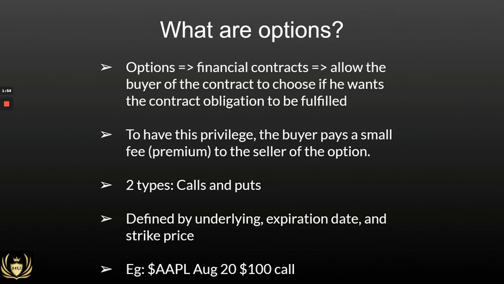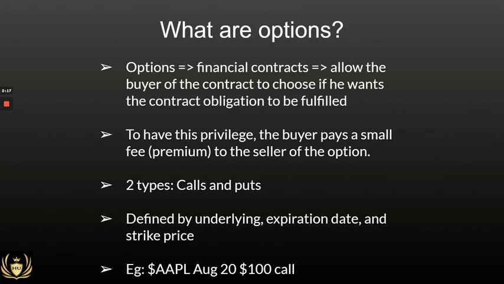Any option will be defined by 3 factors. Those will be what the option is on, right? For example, if the option is on a stock like Apple, then that would be the identity of the option. If it is on oil, then that would be a different kind of option.